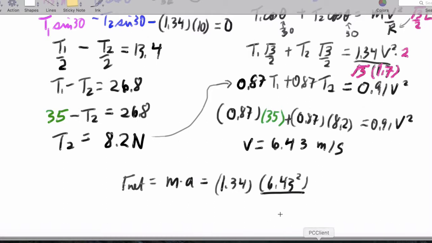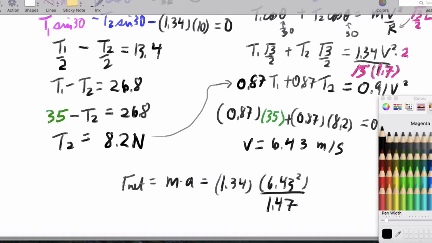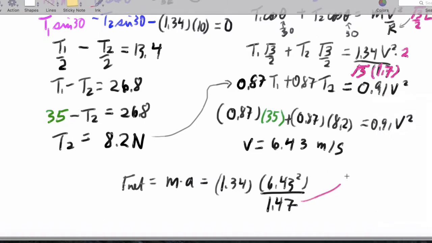That's 1.47. And let me write out the math here as to how I got that. Let's remember, the radius is radical 3 over 2 times L, which is radical 3 over 2 times 1.7. So when we end up getting this F net, that's 1.34 times 6.43 squared divided by 1.47.